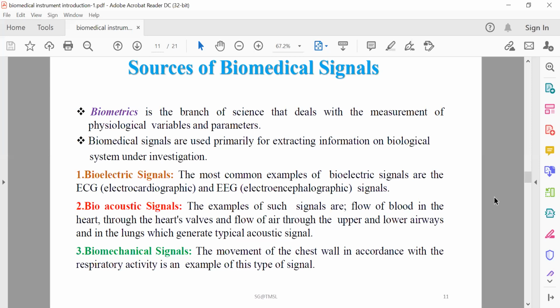Different biomedical signals are available, like bioelectric signals, bioacoustic signals, biochemical signals, biomagnetic signals, biooptic signals, and bioimpedance signals. So these are the different signals. I will explain one by one in the next session.